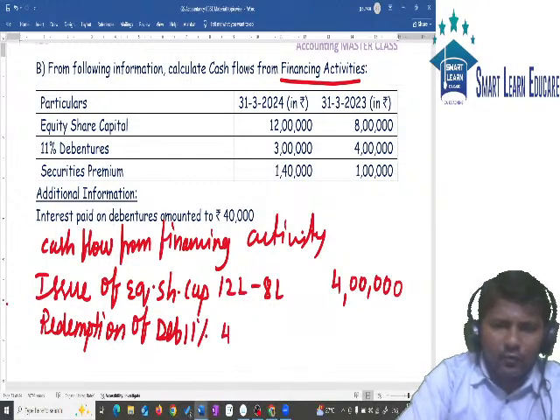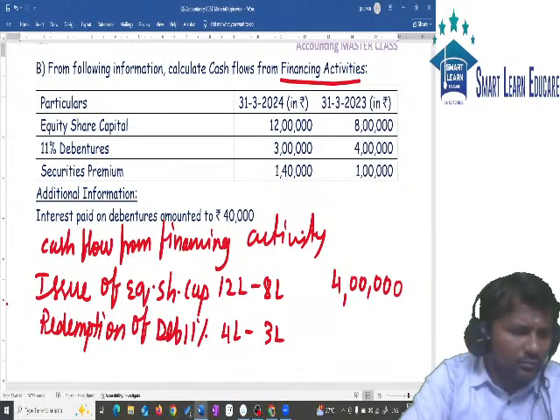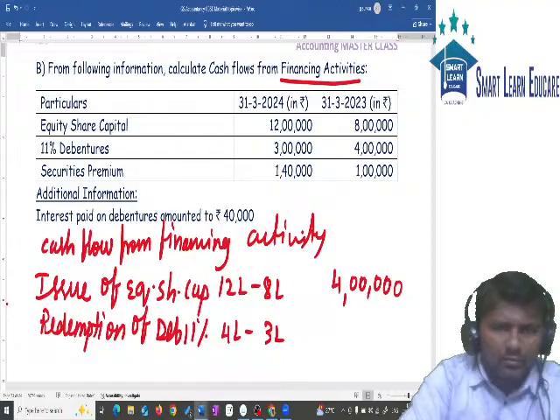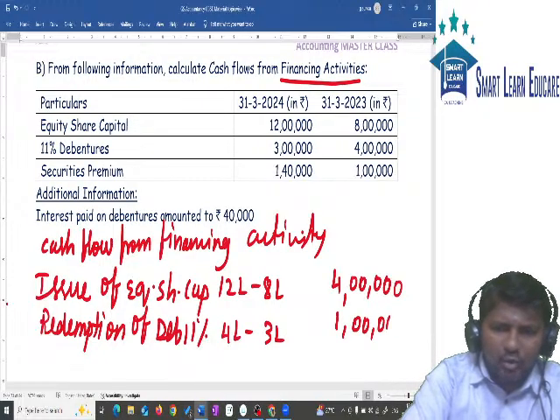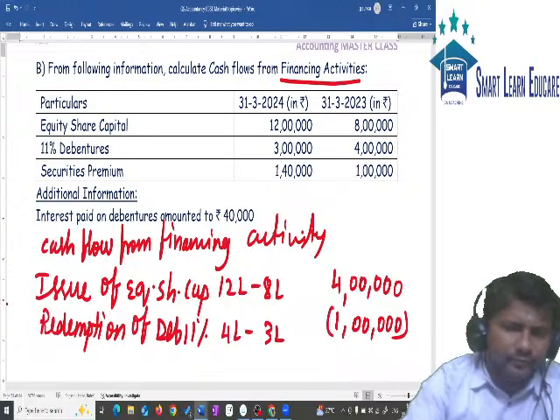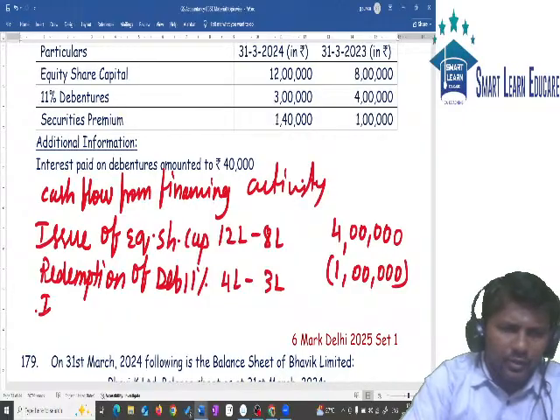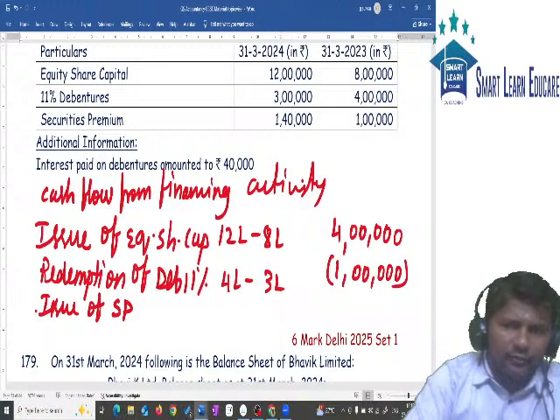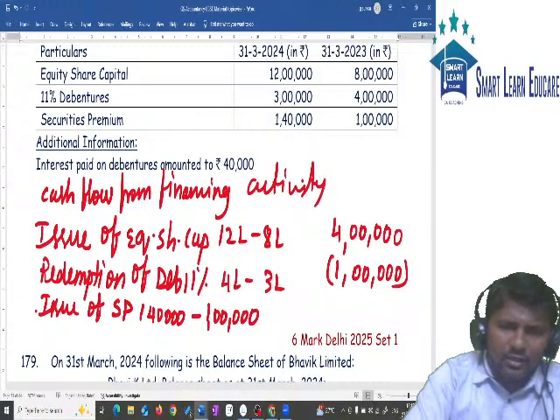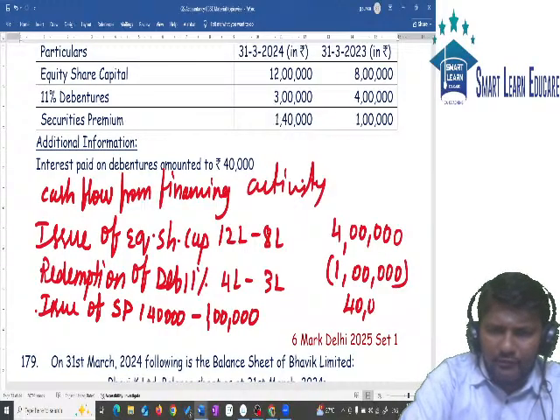Repayment: 4 lakh minus 3 lakh will give you 1 lakh. 1 lakh is outflow of cash. Next, issue of securities premium, inflow: closing balance 1 lakh 40 minus opening balance 1 lakh, it is 40,000 inflow of cash.